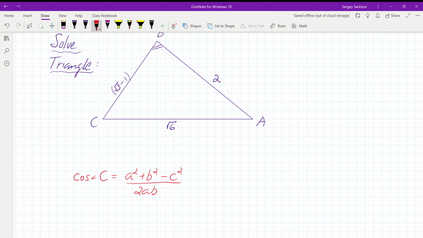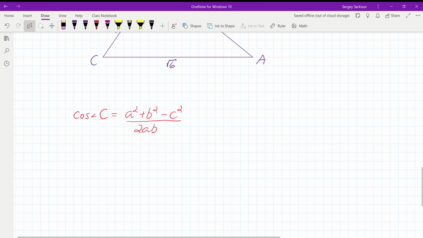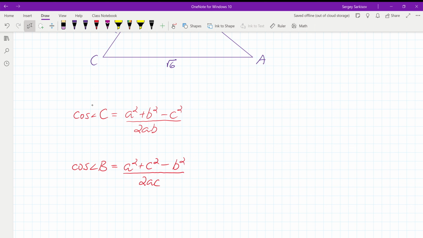Well, then similarly we can do cosine angle B. Cosine angle B would be very similar, but now the touching sides are a and c, so it's a squared plus c squared minus b squared all over 2ac.